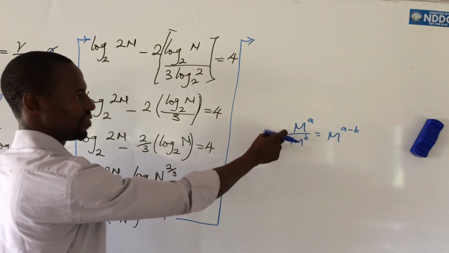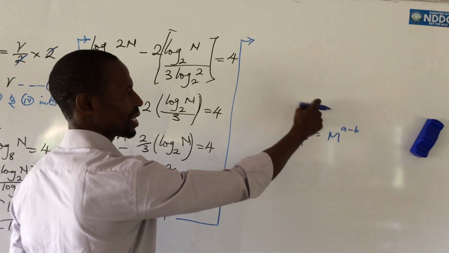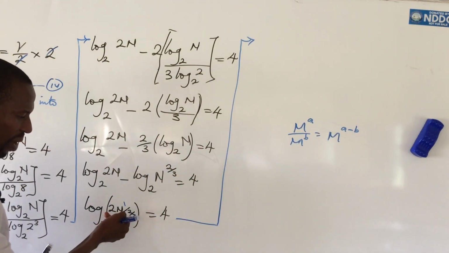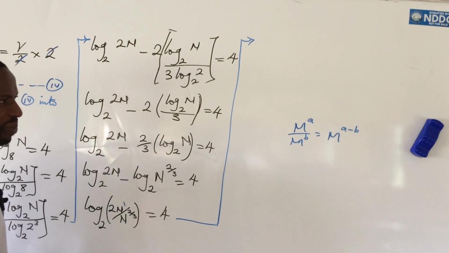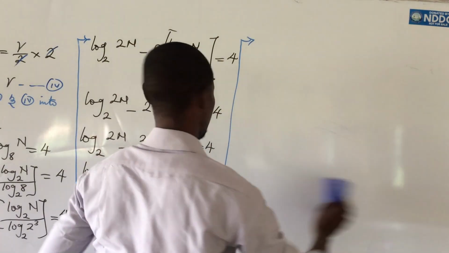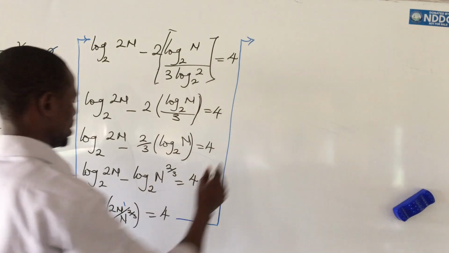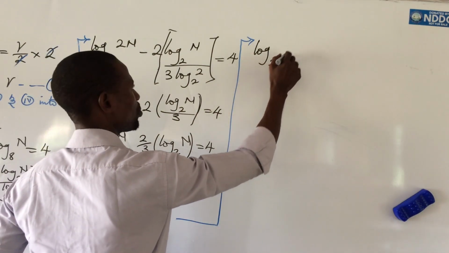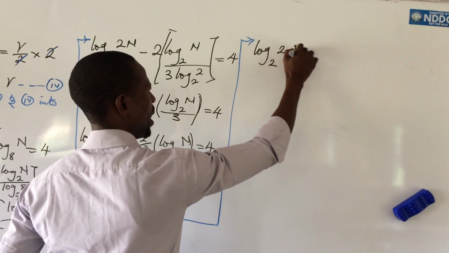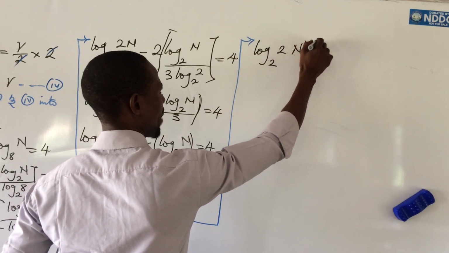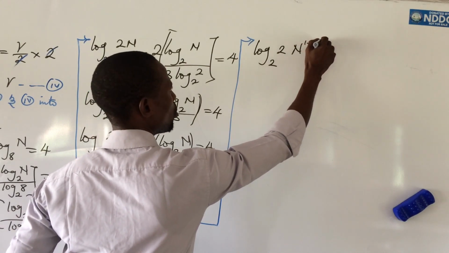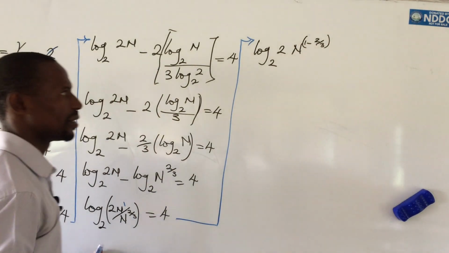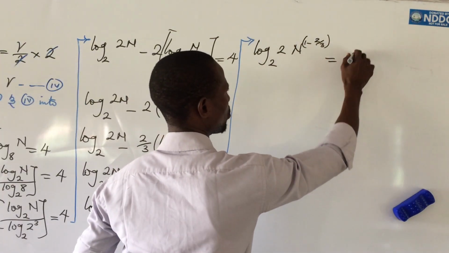So as long as there is a division and the bases are the same, subtract the powers. So n is here, and we have a power. So let's subtract the power. So if we rewrite, this will automatically give us log base 2, I have here 2 into n to the power of 1 minus 2 all over 3. Let's put this in bracket. Okay, all equal to 4.